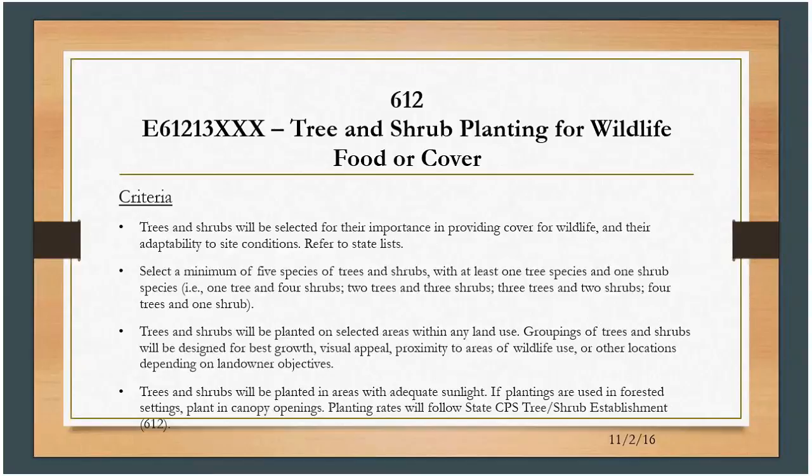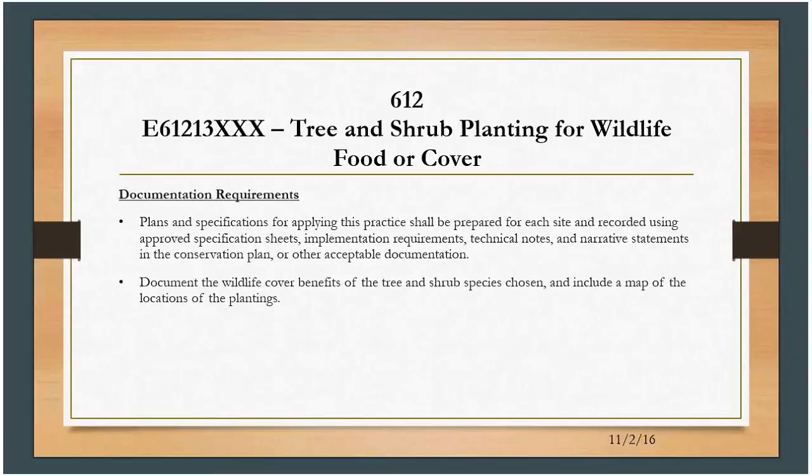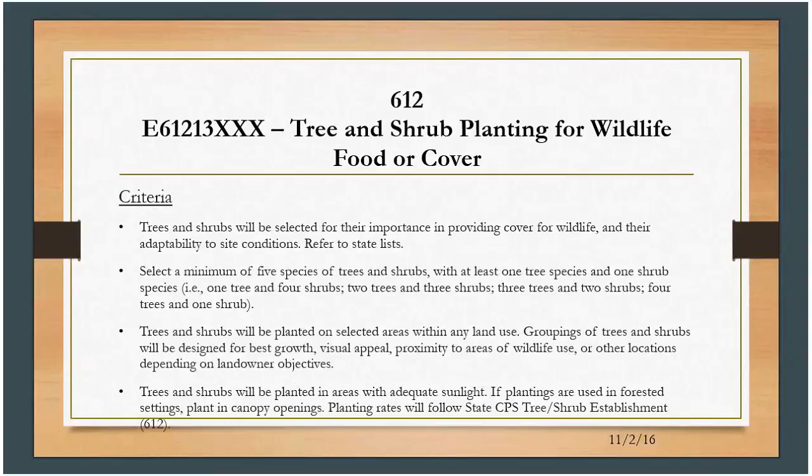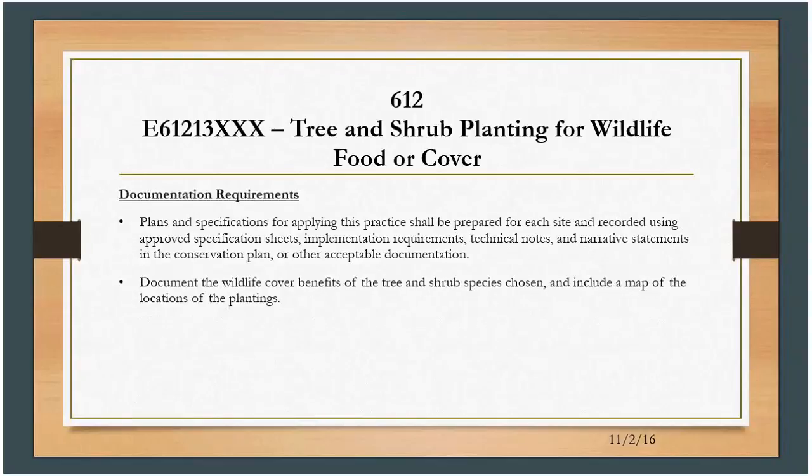And if the plantings are used in forested settings, planting in canopy openings, I can't see us really needing to rely on that specific criteria in Utah very much. And then those plantings will follow the state's CPS tree and shrub establishment under 612.